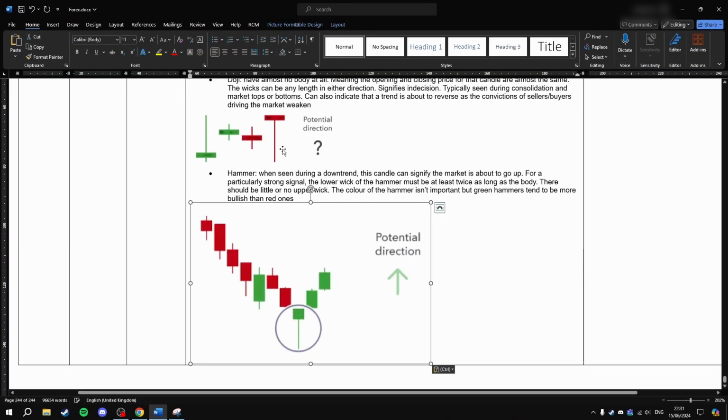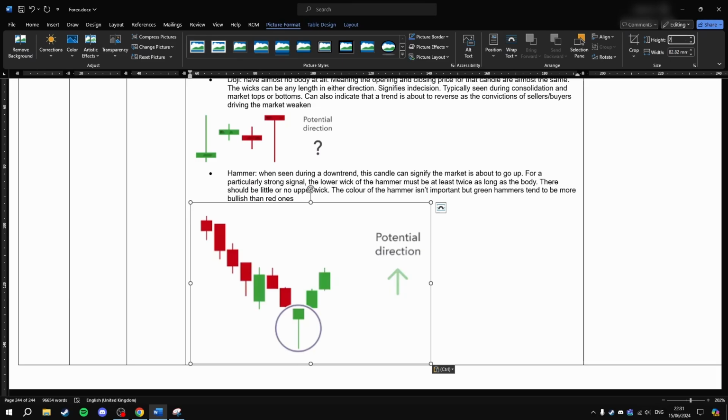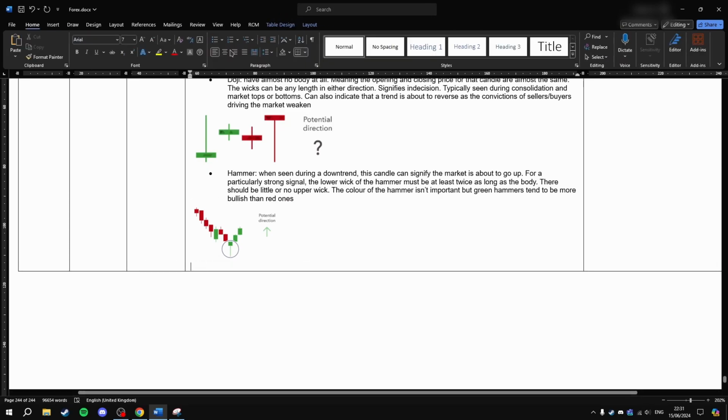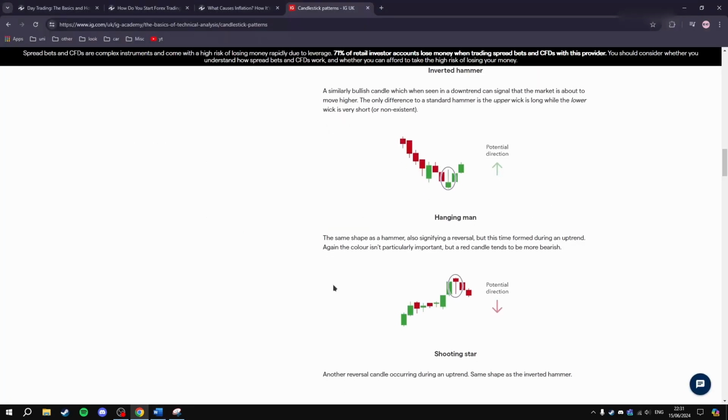Inverted hammer, I'm assuming it's the opposite of a normal hammer. A similar bullish candle, which when seen in a downtrend can signal that the market is about to move higher.